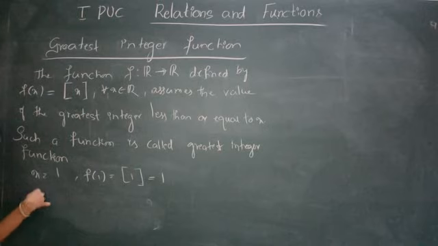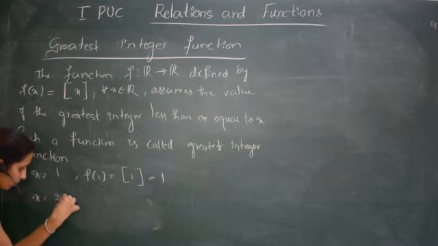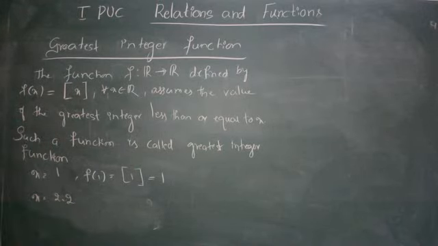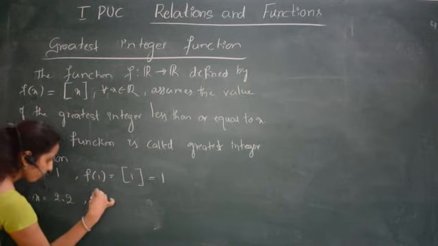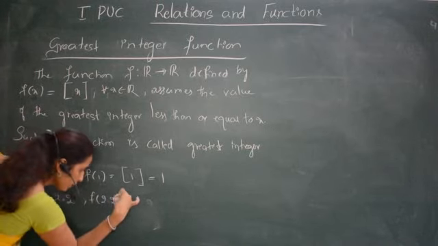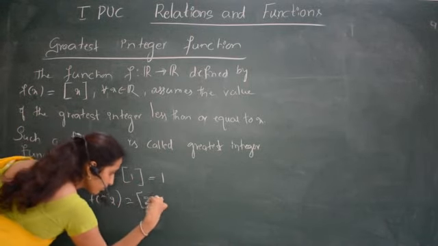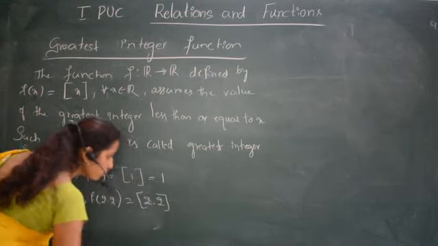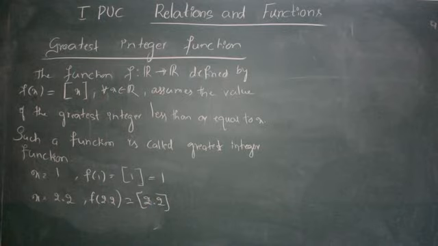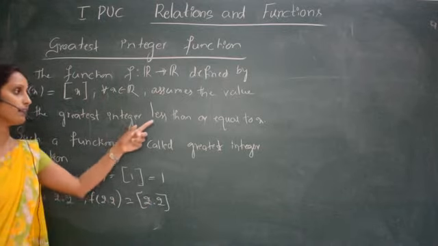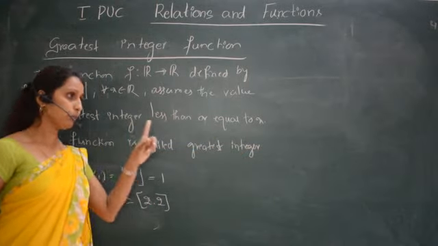If I take x equal to 2.2, f of 2.2 is [2.2]. The value should be an integer.